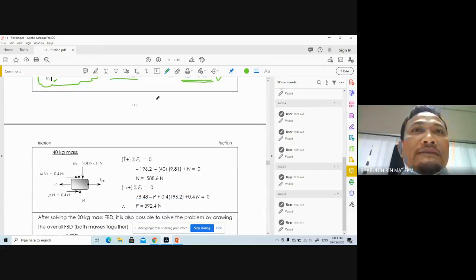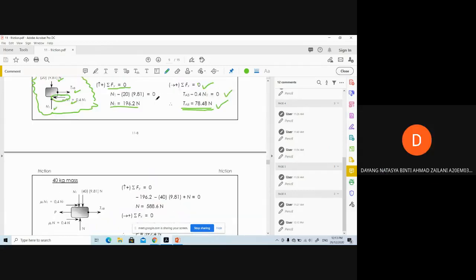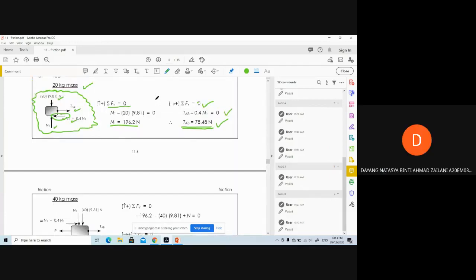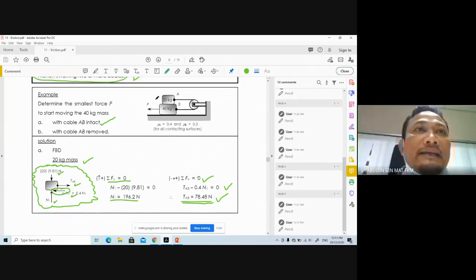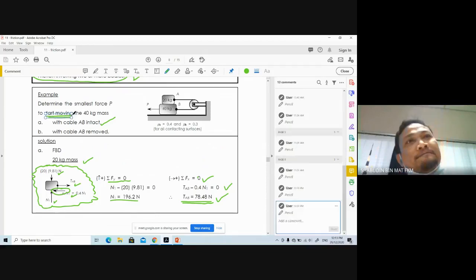Because it says it has started to move, the friction force is in the same direction as the force, to the right? To the left. Yes, to the left, because we determine the smallest force to start moving. It's not moving yet.